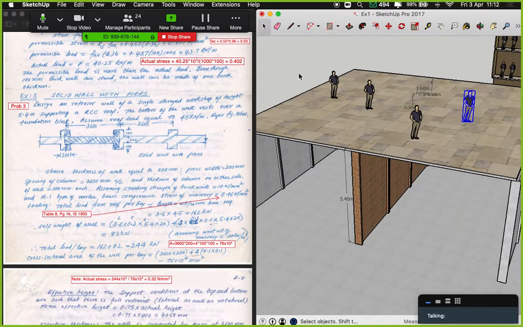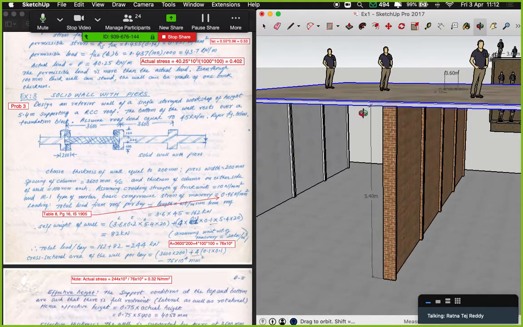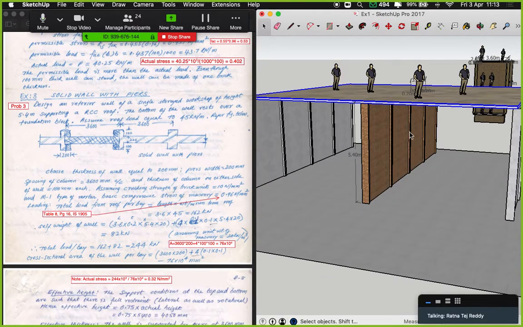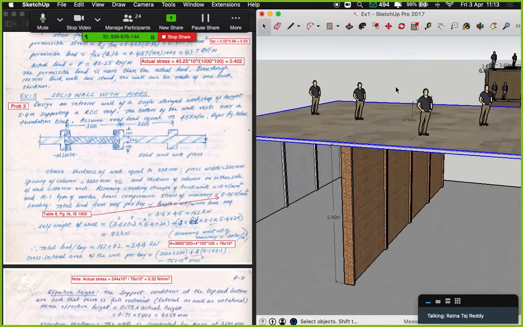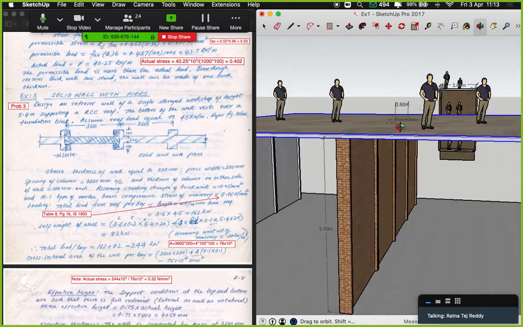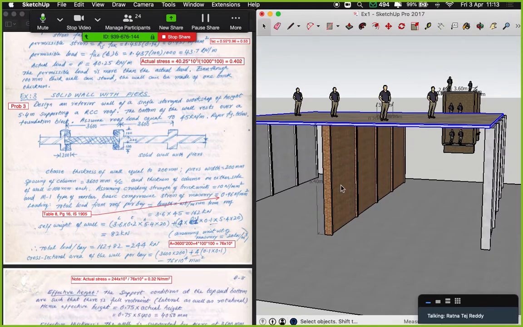You will consider the dead load of the RCC slab itself, that is the self weight of the slab, and any other load that is being imposed, such as any eccentric load. Everything included, it is given in the question that the roof load is equal to 45 kilonewton per meter. That is the total live load and the dead load, that is the self weight of the roof acting on the masonry wall, that is the center wall which we have to design, is 45 kilonewton per meter.